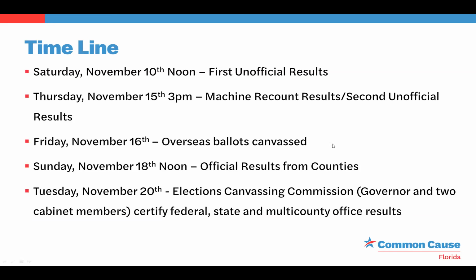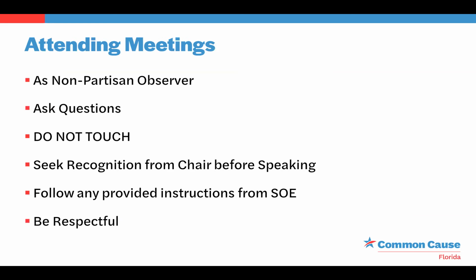The overseas ballots will be canvassed after Friday, November 16th when they are due and combined to make the official results on Sunday, November 18th at noon. Then the State Elections Canvassing Commission, made up of the governor and 2 cabinet members, will meet beginning at 9 a.m. on Tuesday the 20th to certify the federal, state, and multi-county office results.